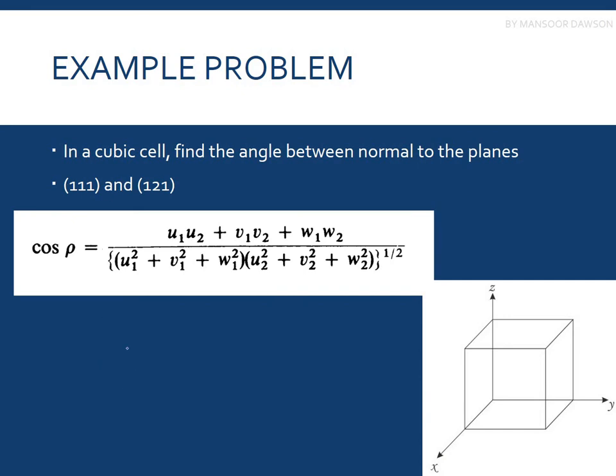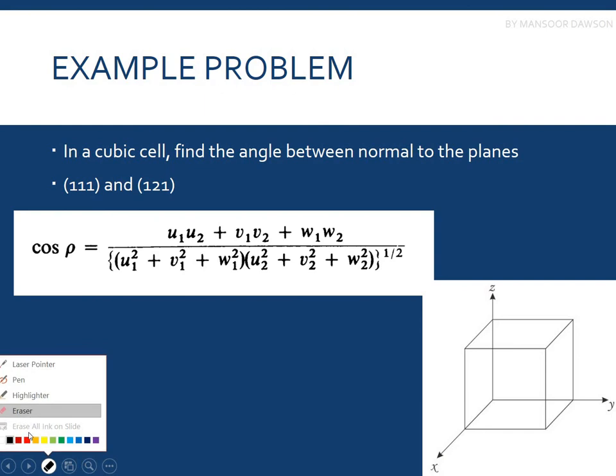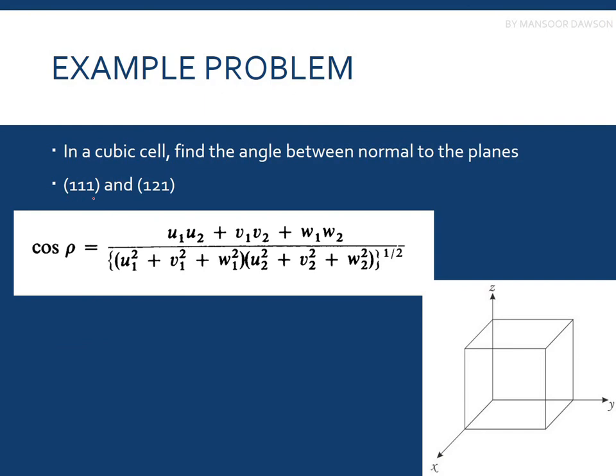If 111 is this plane, let's suppose I change the color of the pen, and if 121 is this plane, the direction of these planes would always be perpendicular to them. So the angle between them is what you have to find over here.